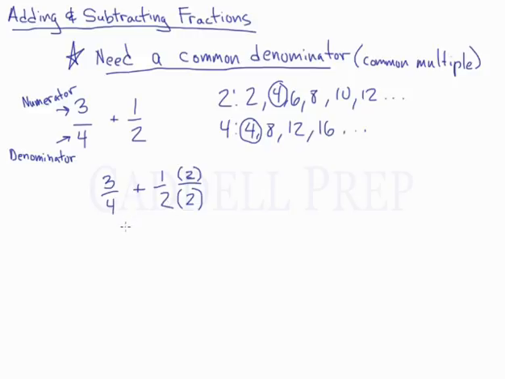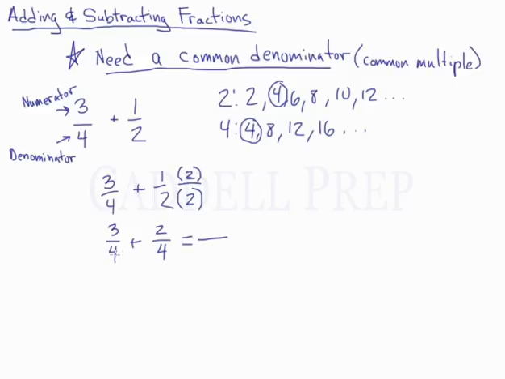So let's go to the next step. We have 3/4 plus 1 times 2, 2, over 2 times 2, 4. So again, 2/4 is the same as 1/2. We didn't change the number, we just manipulated its appearance. We just rewrote it a different way.